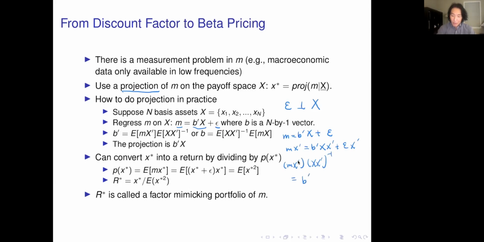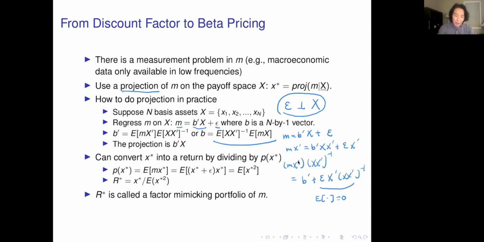And then you will back out B plus epsilon times X prime X inverse. And then if you take expectation on both sides, we know that the expectation of this thing is 0 because epsilon is orthogonal to the payoff space. Therefore, we get B in this fashion. And that is the projection of M on X, or linear regression of M on X. Okay. And the projection is obviously B times X.